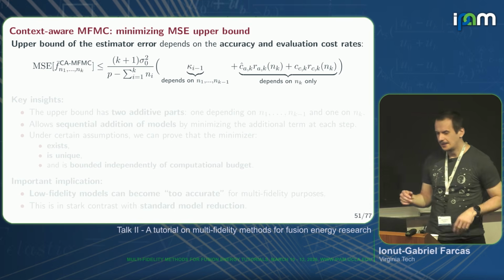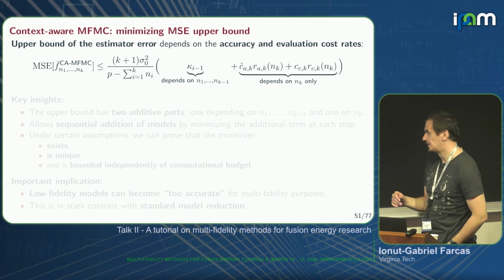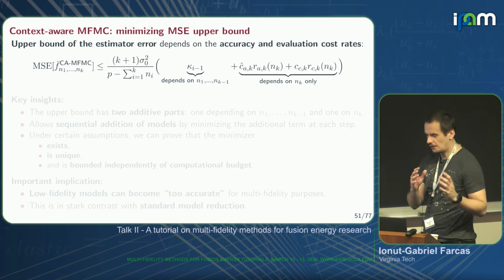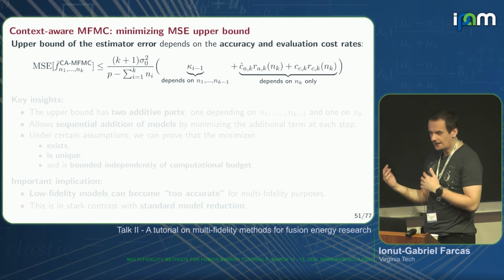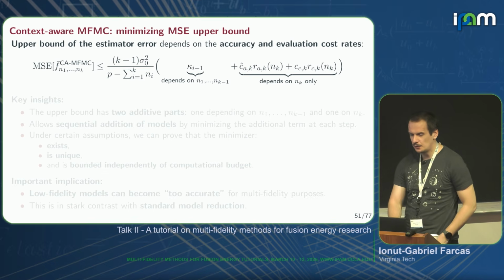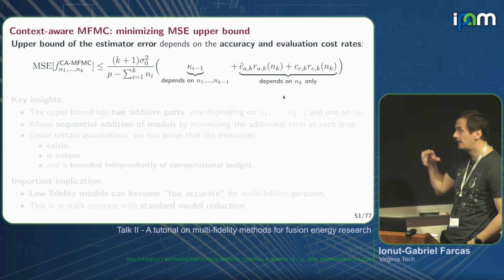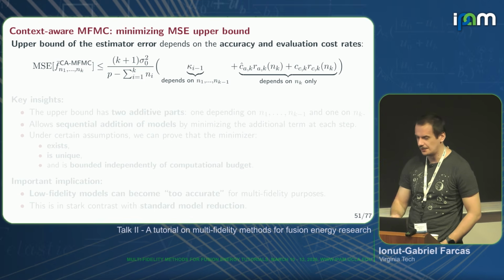If you apply two inequalities, you will obtain that an upper bound of the mean squared error depends on a quantity, which we call kappa k minus 1, that depends on the rates of the first k minus 1 models, plus another term that depends on nk only, which is more or less the summation of the accuracy and cost rate of the kth model, where the constant in front of the accuracy slightly changed.